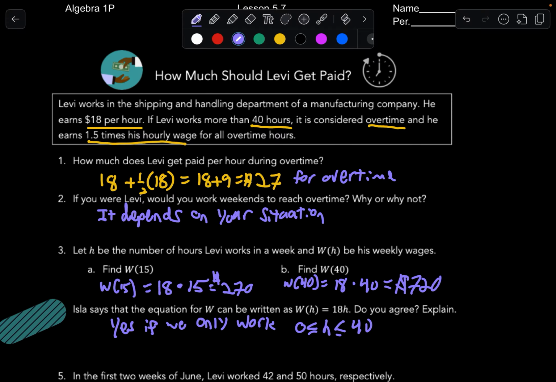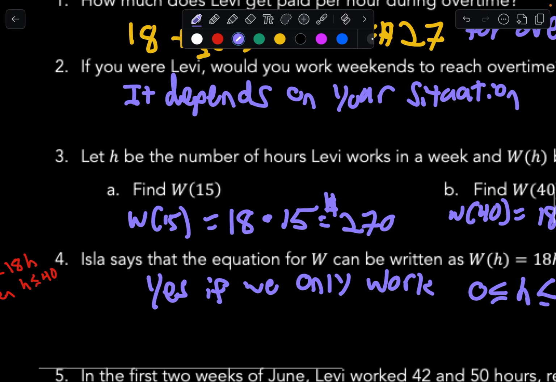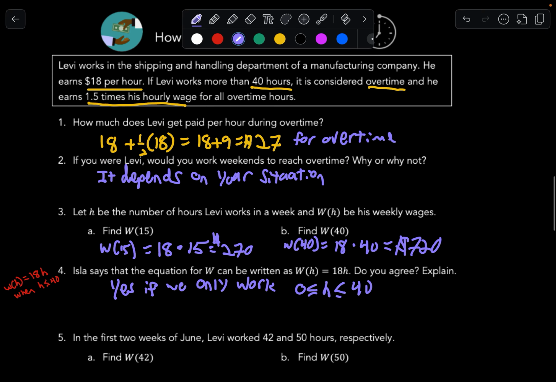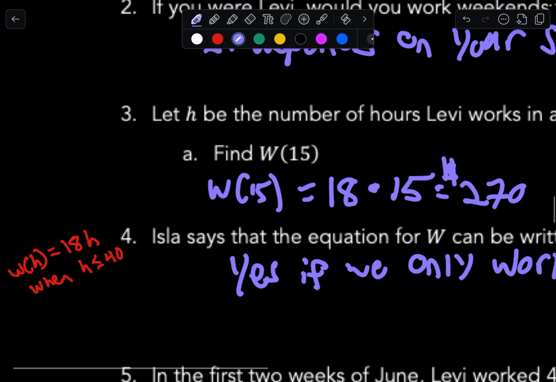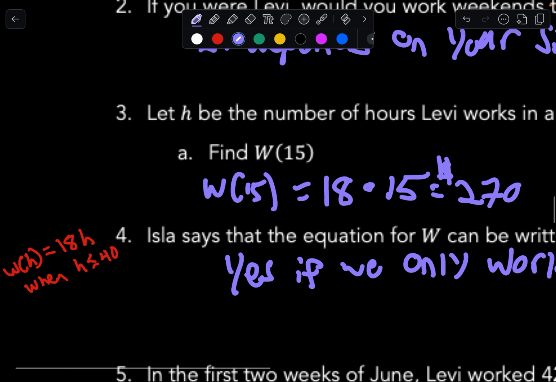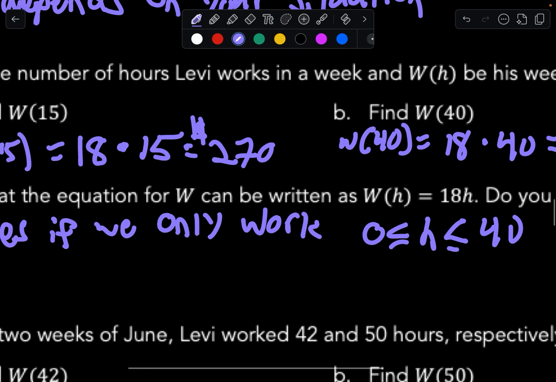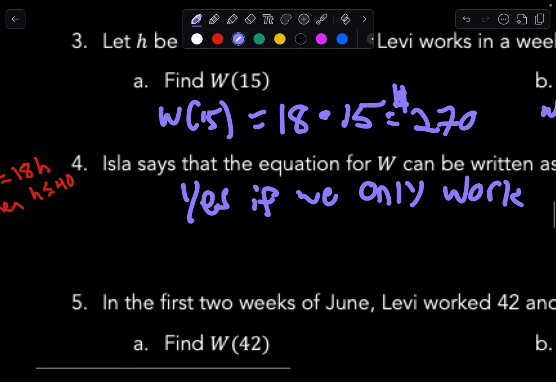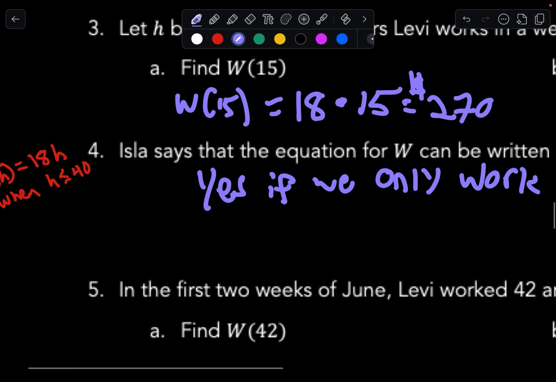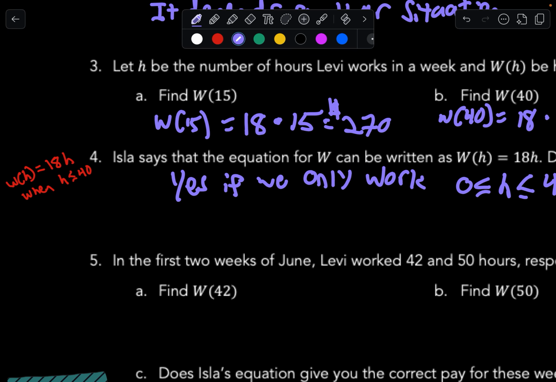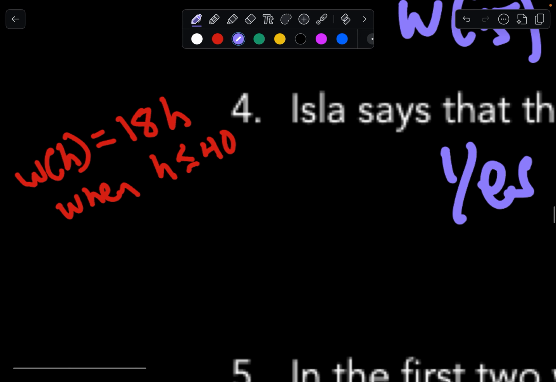Write down this. W of H is equal to 18H when H is less than or equal to 40. I noticed I didn't put the lower bound on it because I figured you know that the hours worked can't be less than 0. So anyway, that's why on this, it's just H is less than or equal to 40.